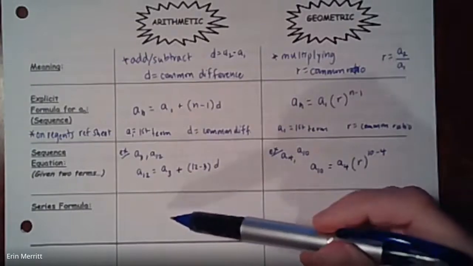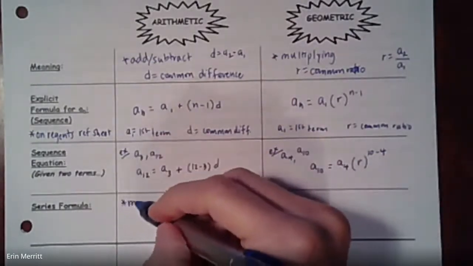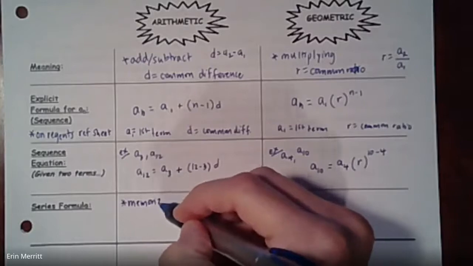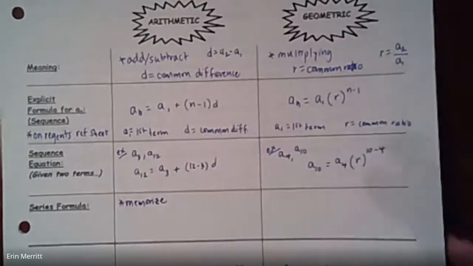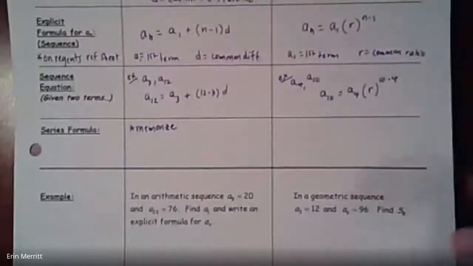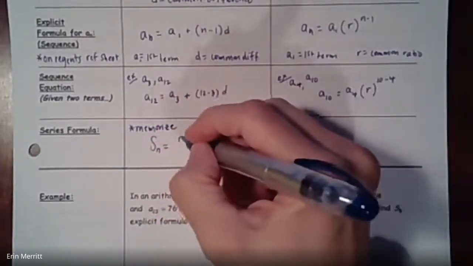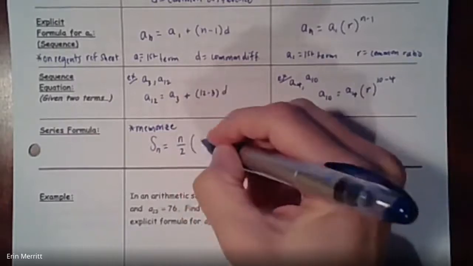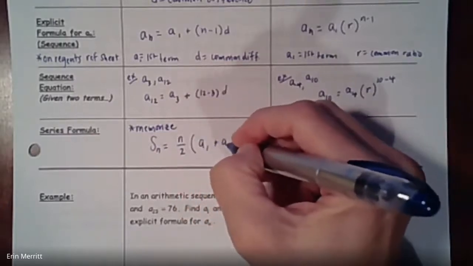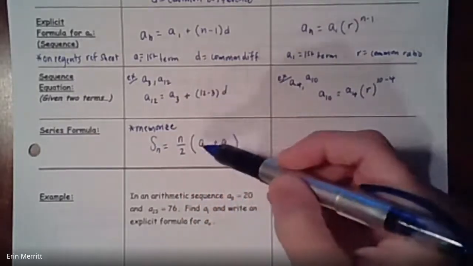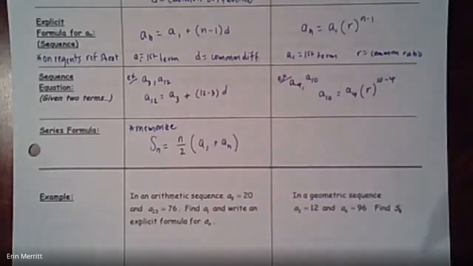As for the series formula, this is the only one that you have to memorize. And it's the arithmetic series formula. So for the sum of n terms, it's however many terms you have divided by 2, and then the sum of the first and last term. So a sub 1 and a sub n.